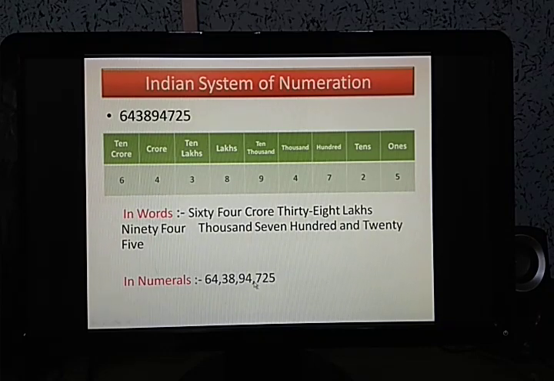So in the Indian system, after the first 3 digits you have to put a comma, then after 2 digits, a comma, then after 2 digits, a comma. Only in the initial case, after 3 digits you put a comma, and then it follows the same pattern, 2 digits, 2 digits, 2 digits. Okay, so now moving on.